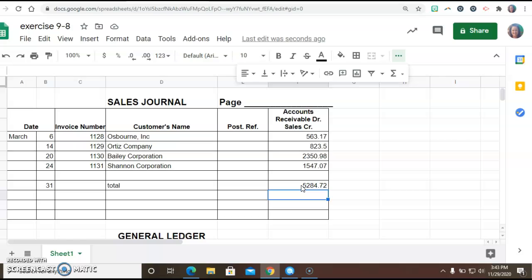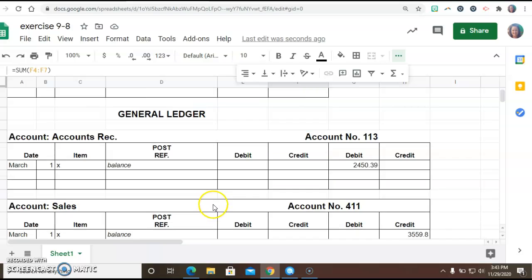Like I said, moving forward, we will need to total this sales journal because we will be posting this total. But for the sake of today, we do need to go ahead and post the total into our general ledger here.